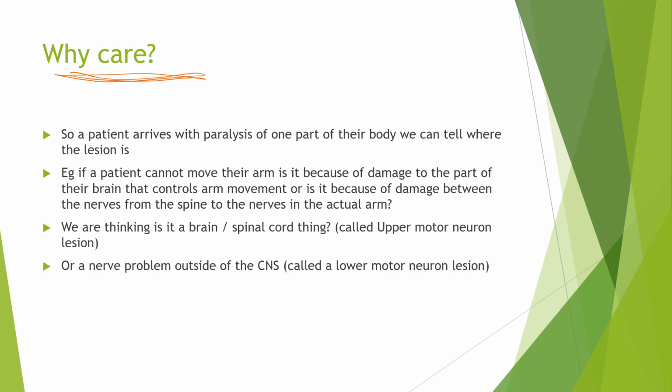Or is it a nerve problem outside of the CNS, which we call a lower motor neuron lesion? Again, these terms upper and lower motor neurons get very frequently used. They are, again, part of a very anatomical, descriptive use, because they're describing either a CNS or a PNS lesion.